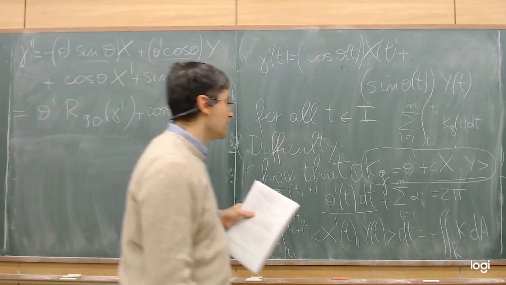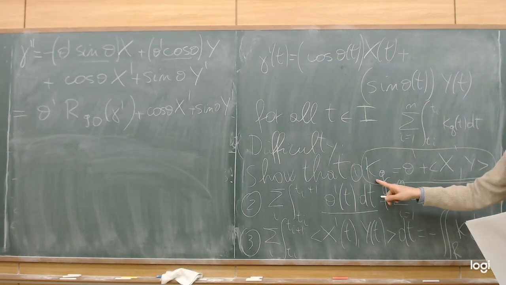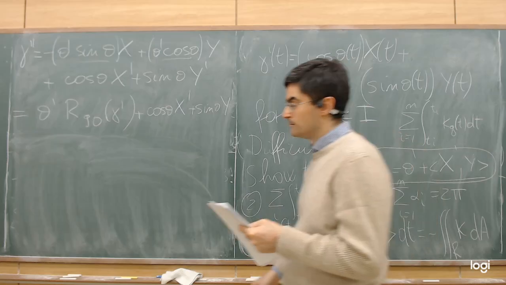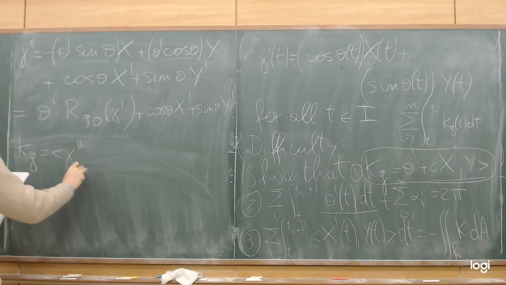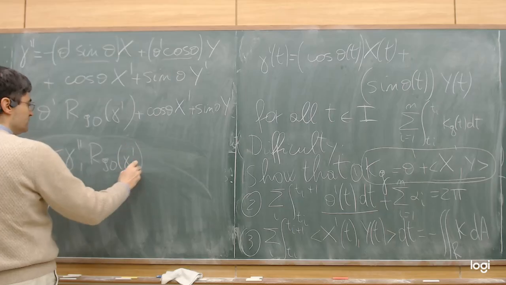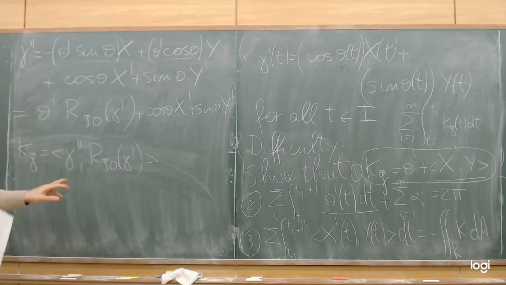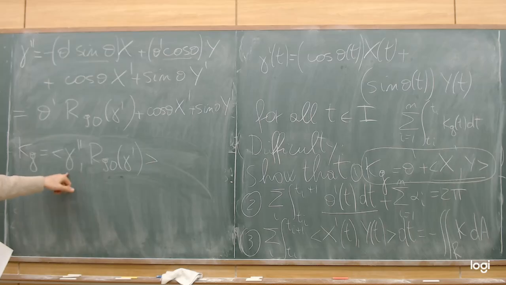Now we are interested in the computation of the geodesic curvature. The geodesic curvature is given by gamma second times R90 gamma prime. Precisely, it is the tangential component of gamma second. So I can write it this way.